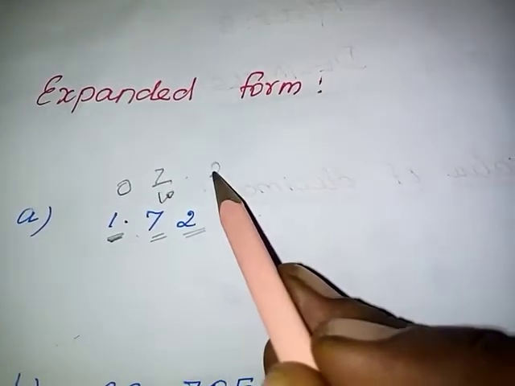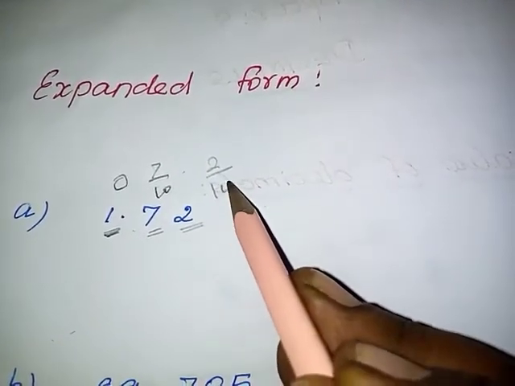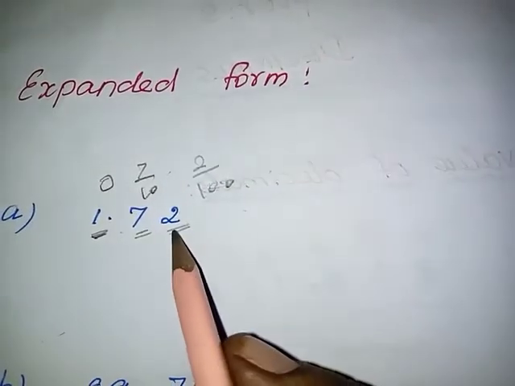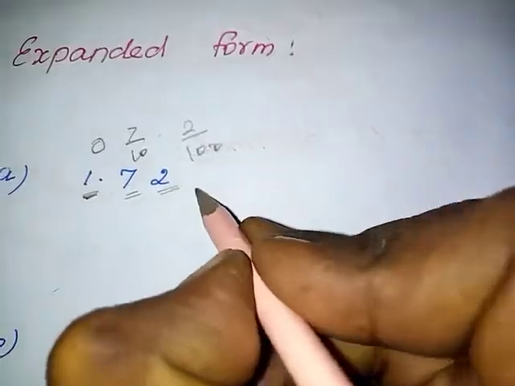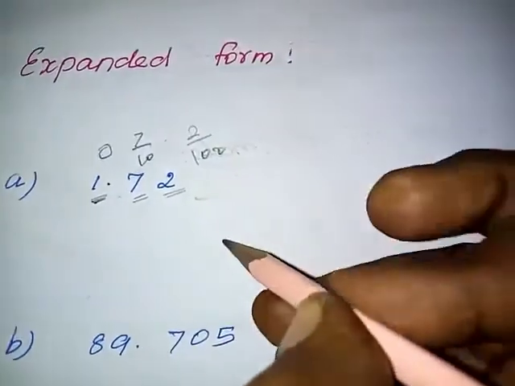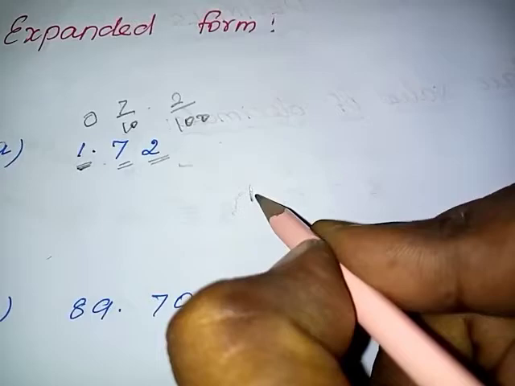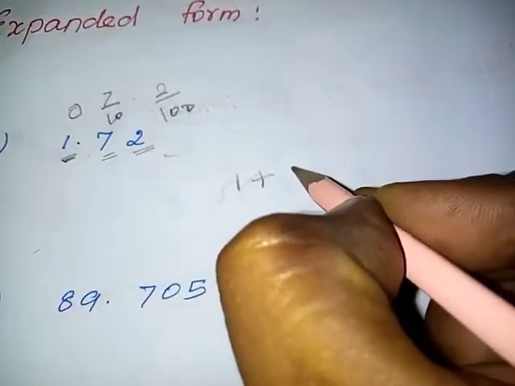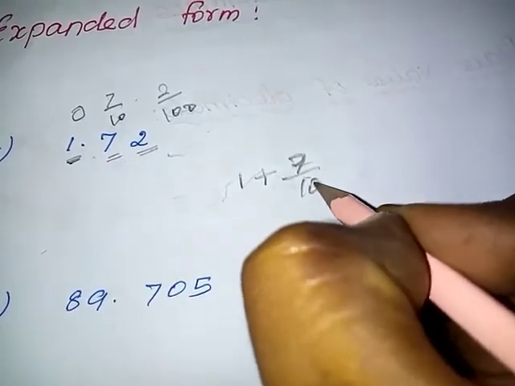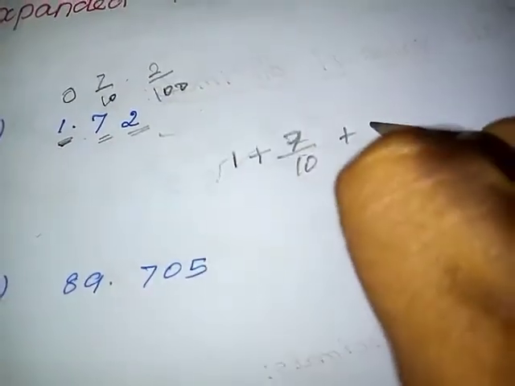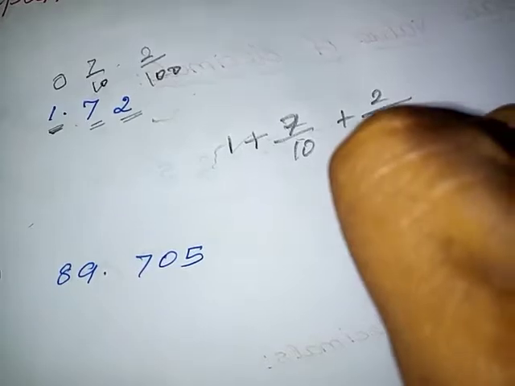So 2 is 2 by 100. So the place value of 2 is called hundredths. So the expanded form of the given sum is 1 plus 7 by 10 plus 2 by 100.